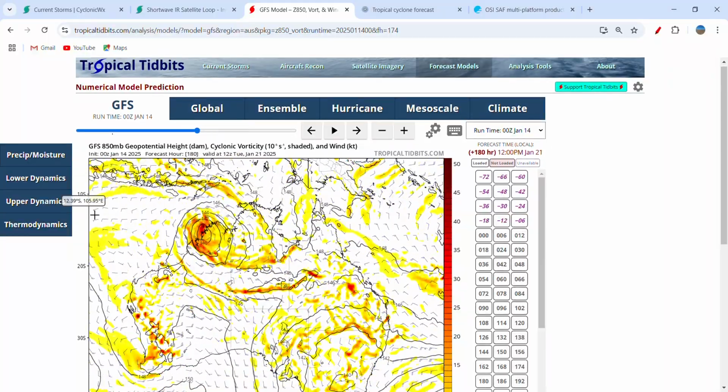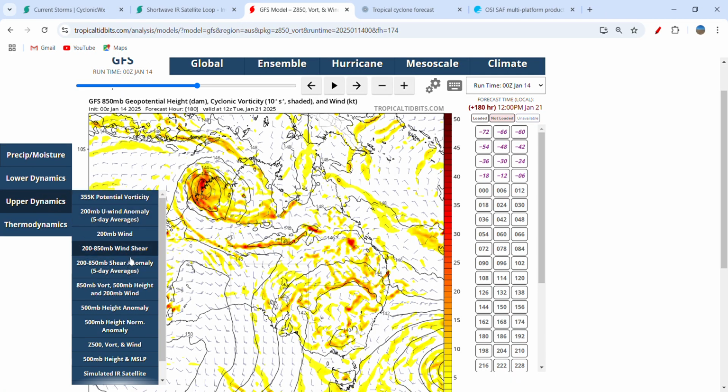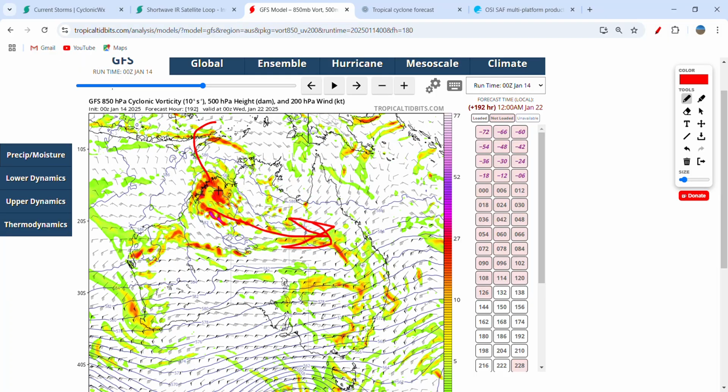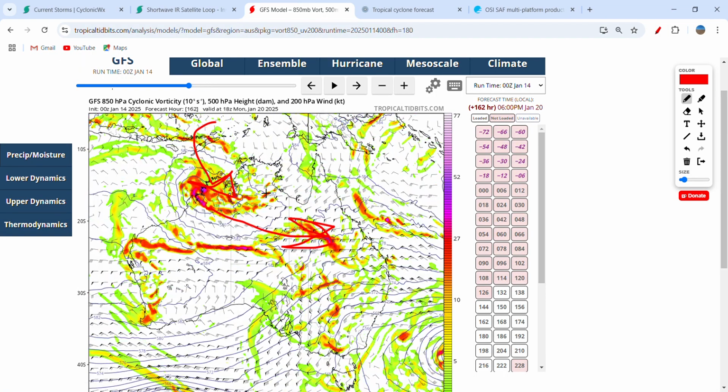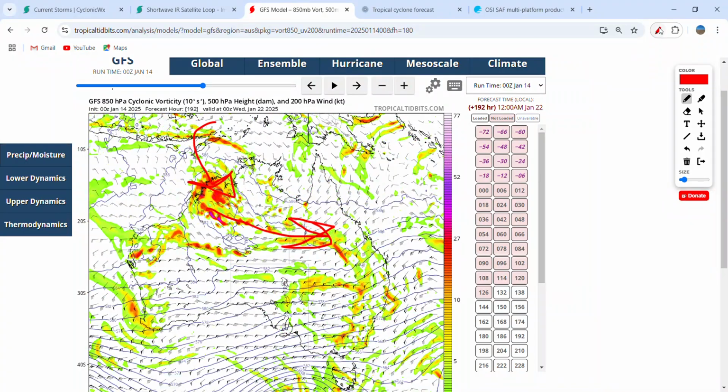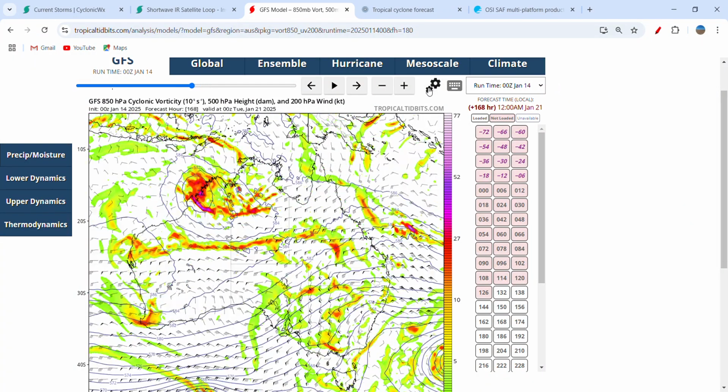While it will have a benefit from that upper level divergence and divergent flow, as shown here, for example, with the wind barbs, very nice flow comes away from the system. Again, you've got that northwesterly flow. Vorticity becomes very scattered, disorganized, not typical of a tropical cyclone.